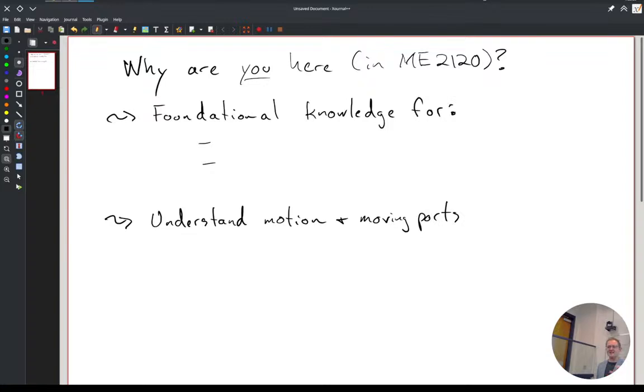So I wanted to ask, if you were talking about this as a foundation for something, what are you imagining is your house? What's it built out of? If dynamics is your foundation, what's built on top of it?